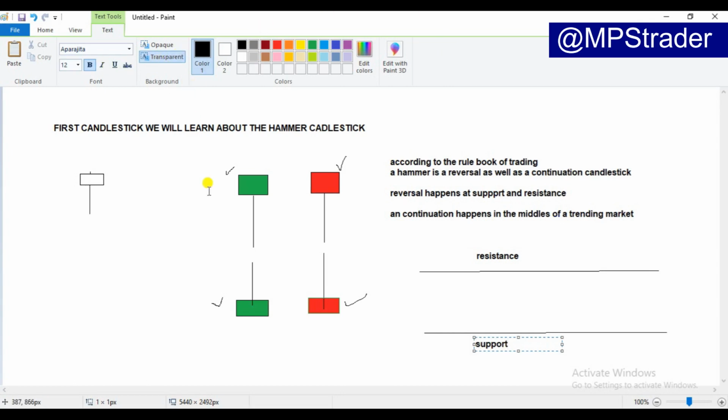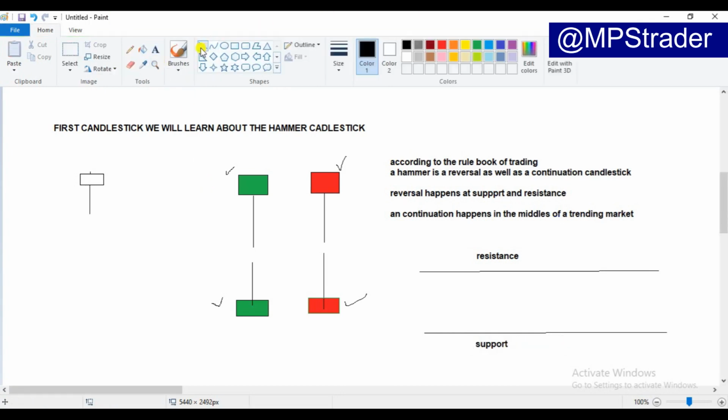If the market is going here and the hammer is formed in here like this, then the market will reverse according to the book, right?